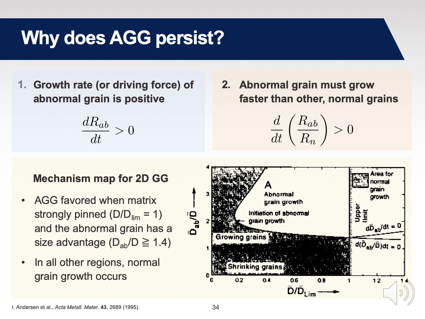And you can see here that the abnormal grain, for it to persist, must have a size that is greater than 1.4 times that of the normal grains when the matrix grains are fully pinned. In all of the other regions that you see here, normal grain growth occurs. So that is to say that a grain with this particular size advantage has the potential to outgrow its neighbors in a 2-dimensional system, such as a thin film.